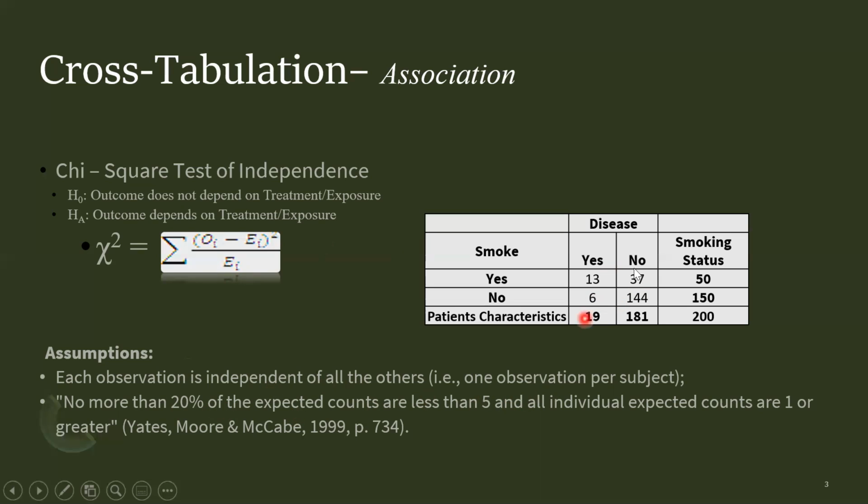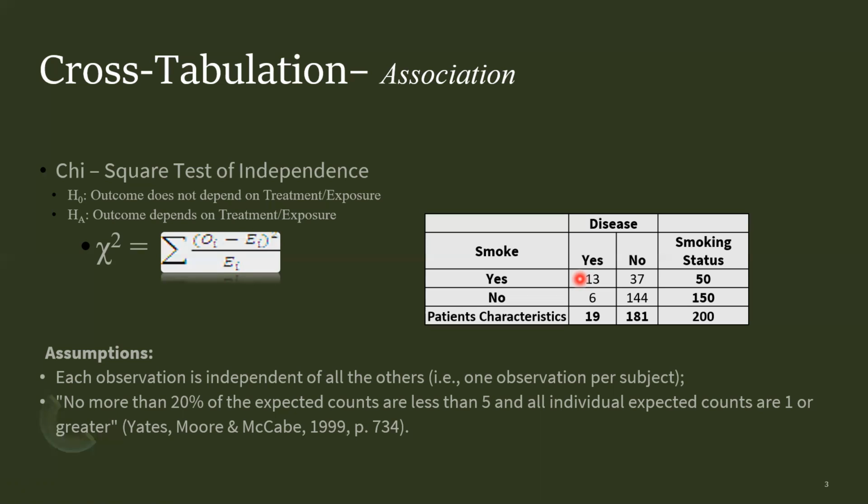For example, there are four cells, each cell comprising 25%, which makes 100% for these four cells. So according to this assumption, not a single cell should have an expected count of less than five.